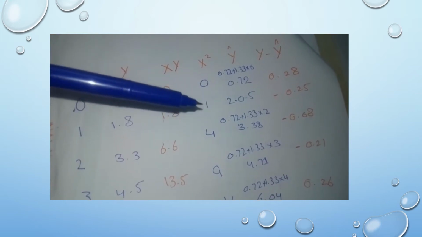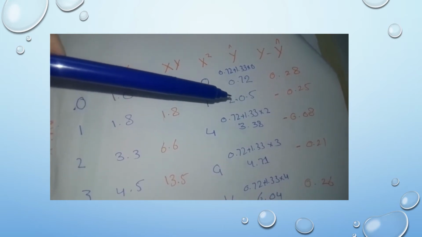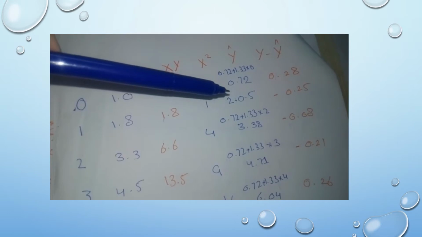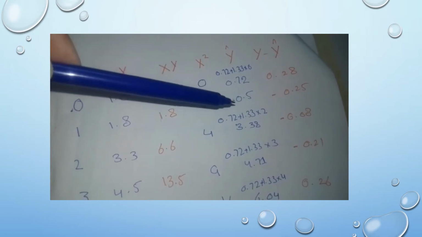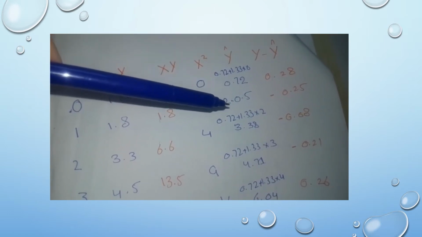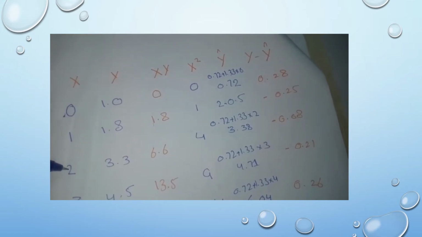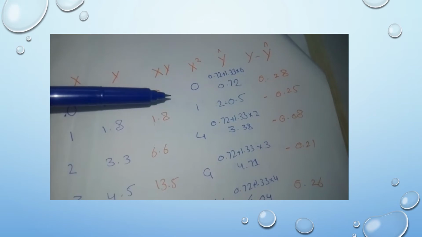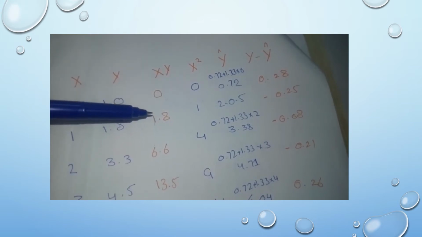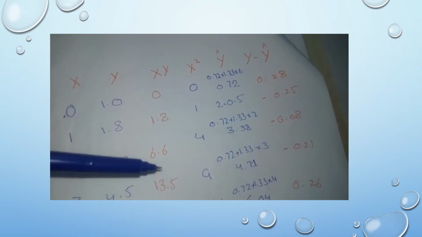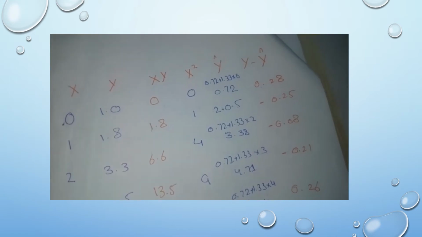For the next, 0.72 plus 1.33 multiplied with 1, so the answer is 2.05. For the number 2, 0.72 plus 1.33 multiplied with 2, so the answer is 3.38.